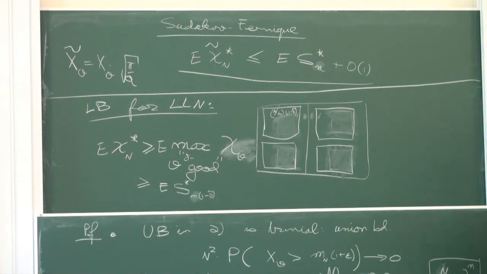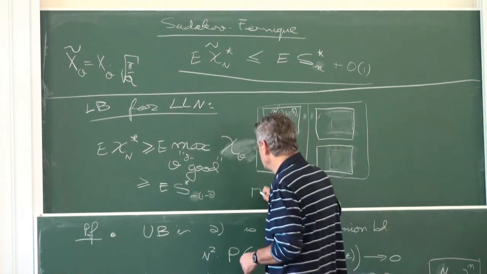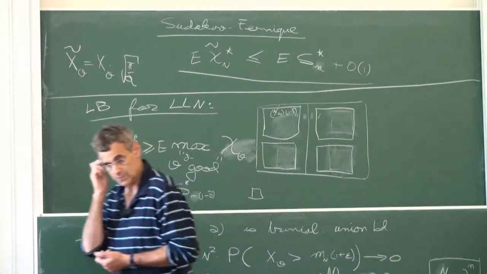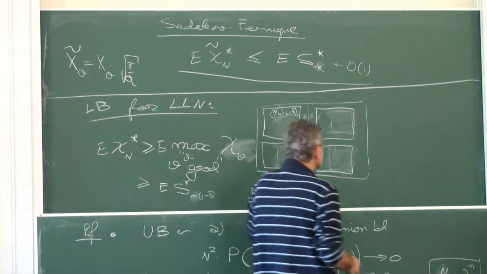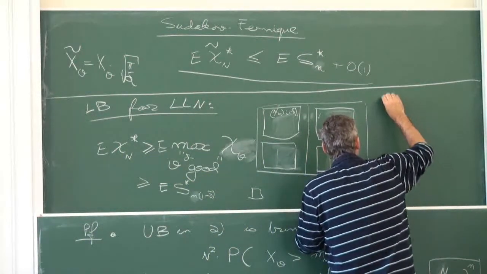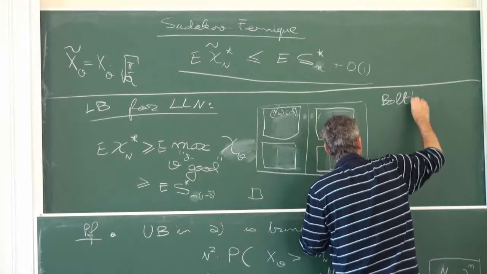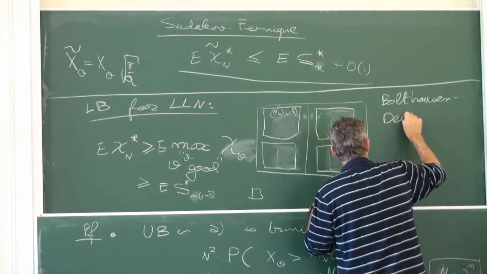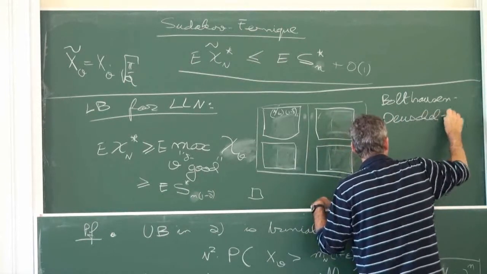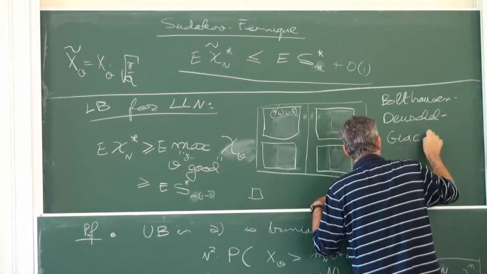And this is comparable, and this gives the lower bound. Again, by an application of Sudakov-Fernik. So that's actually not done in this way. This was first observed in a paper of Bolthausen, Deuschel, and Giacomin about 10 years ago.